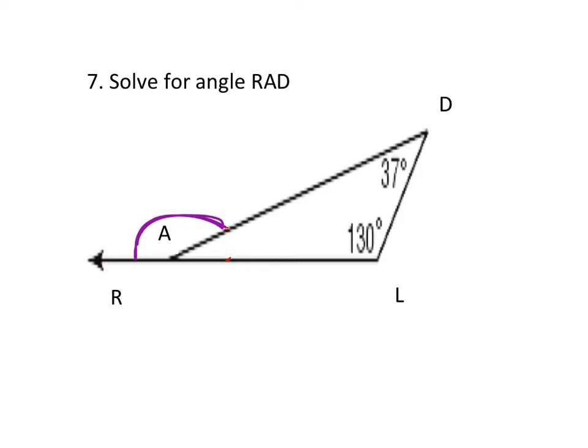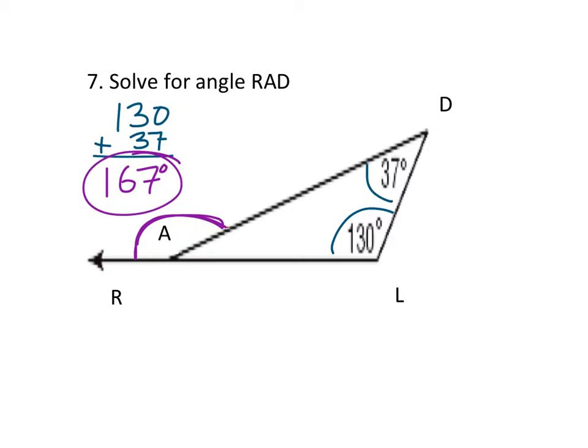Let's do it that way, so I'm not going to worry about that interior angle. I know that this purple angle has to equal these 2 interior angles added together. So I'm just going to add 130 degrees plus 37 degrees, and I got 167 degrees for angle RAD.